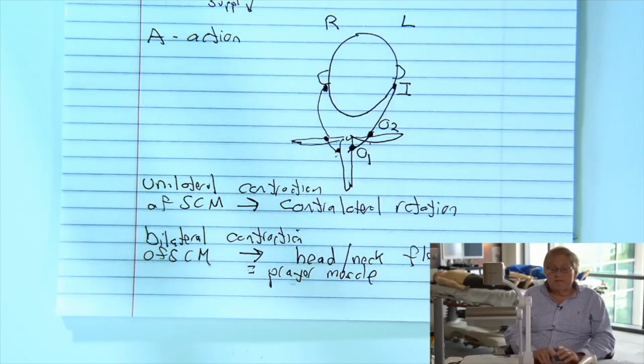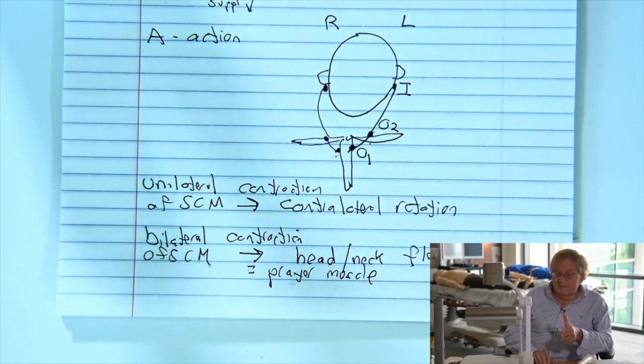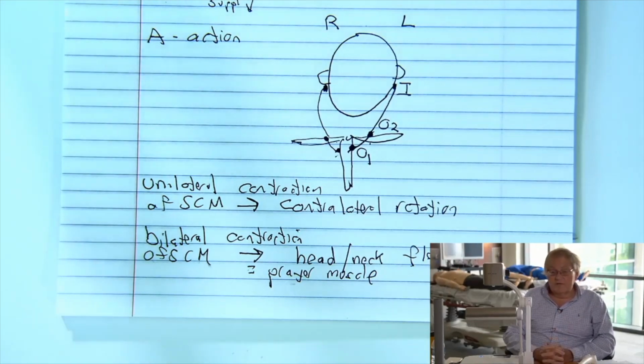So again, as I'm turning my head like this, remember when we talked about bones, I said I've got the joint coming off of the dens, and remember that was the atlantoaxial joint. So when I turn my head from side to side, that's the atlantoaxial joint allowing for rotation. When I turn my head to the right, my left sternocleidomastoid is pulling my head to the right.